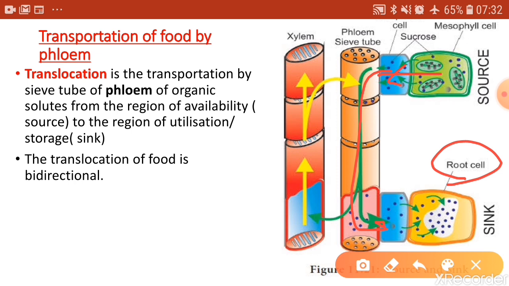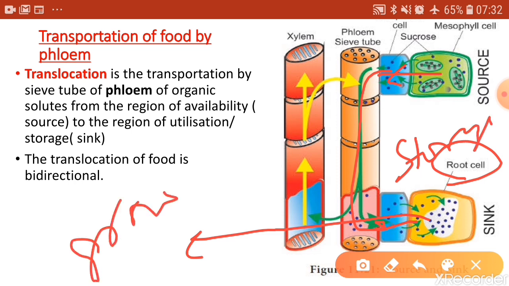But in the spring season, when the new buds arise, when there are parts growing in the spring season, the food will be taken from the storage organs to the growing regions.